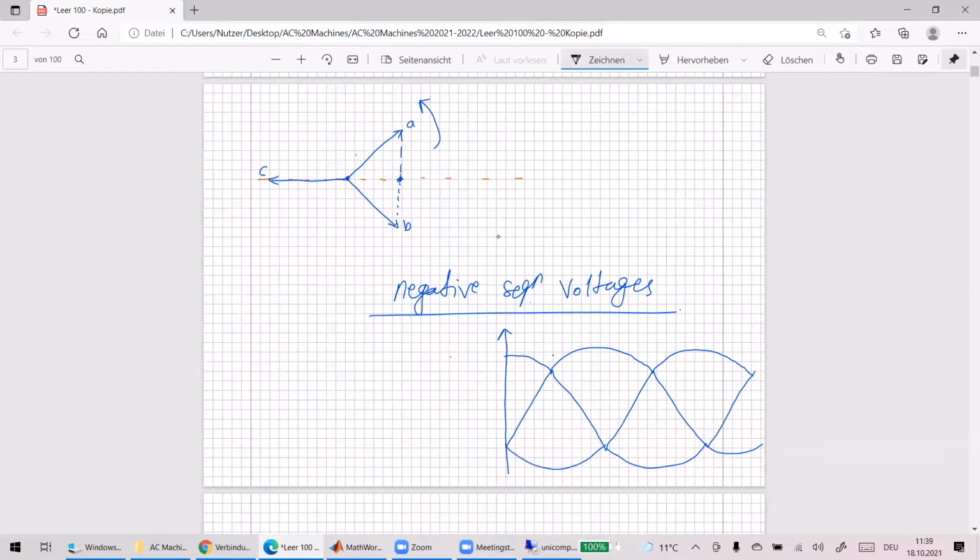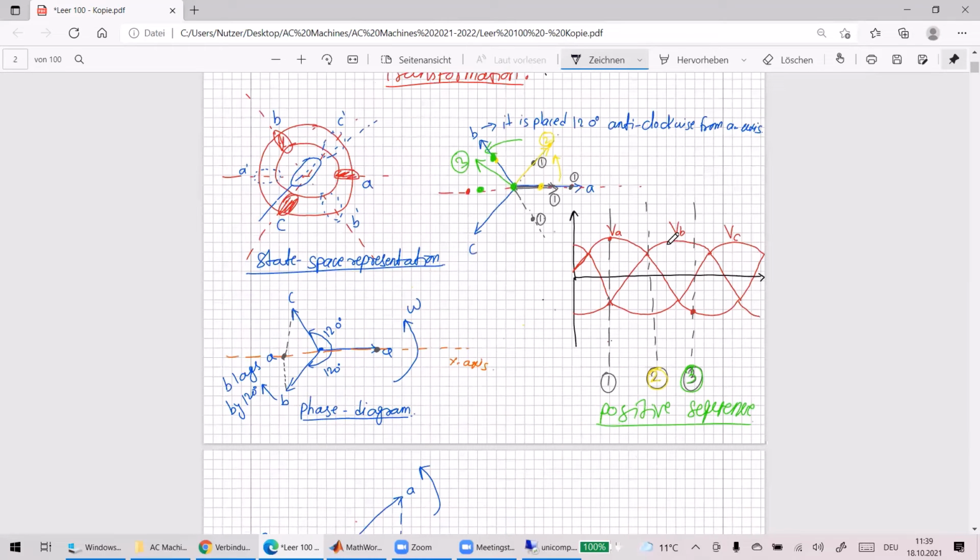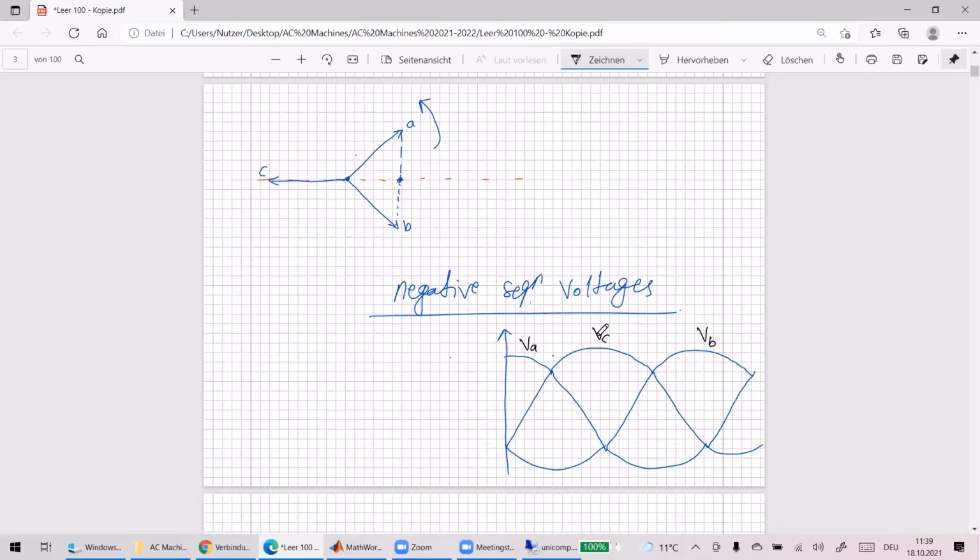This is your VA, VB, VC. No, sorry, this was the positive sequence, but now it will be A, C, and B, because we have interchanged the C and the B. Before we had B first, right? And now we have C, then we have B.